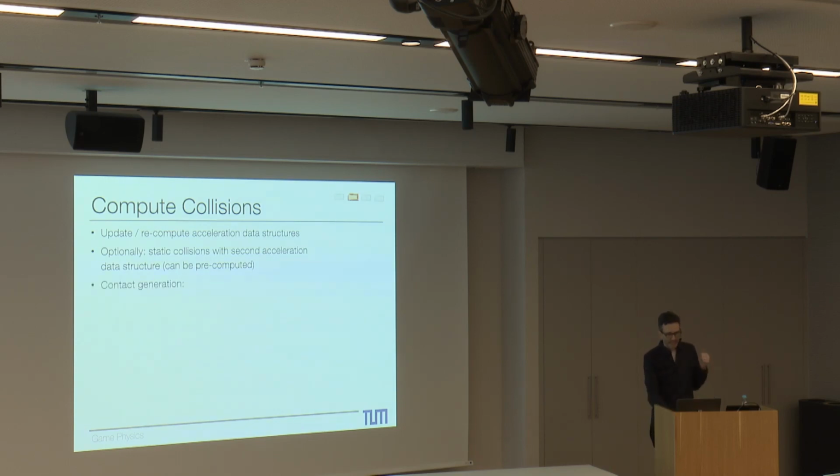With those, we can generate data for the contacts, for the potentially colliding locations in our scene. And this is now the output of this collision detection step, basically a list of the pairwise intersections that we find. It's typically quite local to geometry, so on a vertex or triangle level.